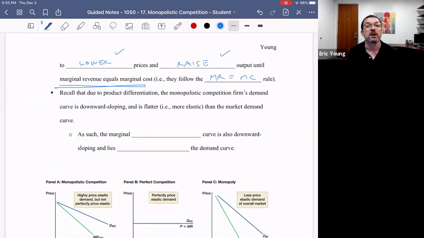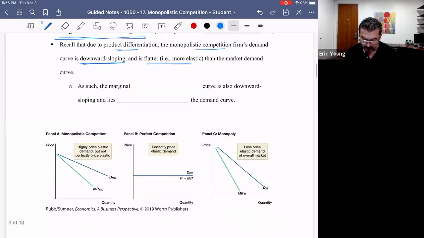Now, before we do that, you have to remember that because of product differentiation, as we talked about in the last video, the firms in monopolistic competition have a downward sloping demand curve. Okay, MC firms have a demand curve that is downward sloping and is flatter, in other words, more elastic than the market demand curve.